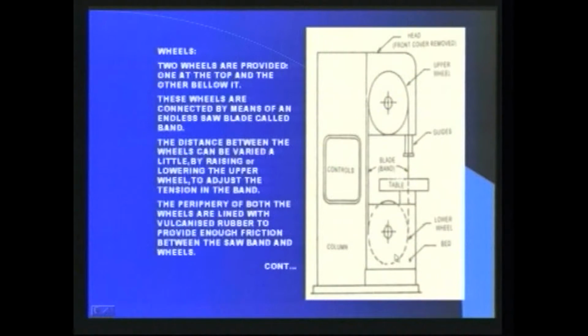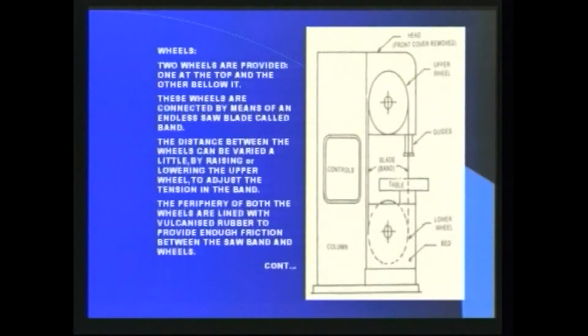These wheels are connected by means of an endless saw blade called band. The distance between these wheels can be varied a little by raising or lowering the upper wheel to adjust the tension in the band. It is just similar to an open belt drive.